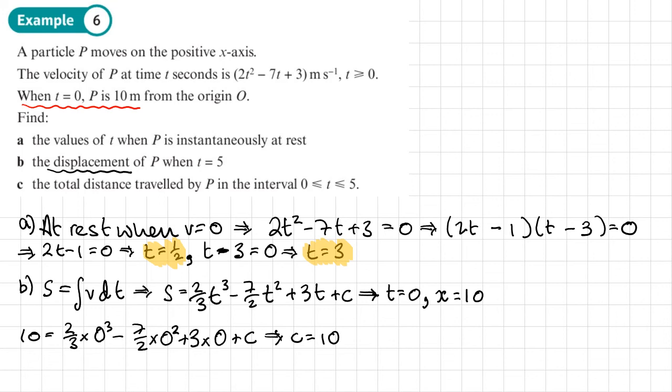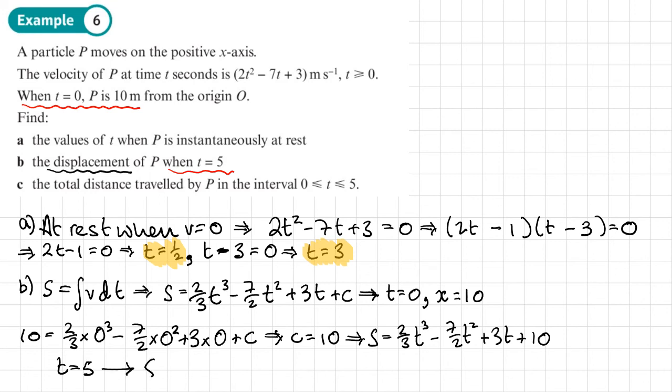So my full expression for the displacement is s is equal to 2/3 t cubed minus 7 over 2 t squared plus 3t plus 10. And we want to find the displacement when t is 5. So all we need to do now is substitute in t is equal to 5.